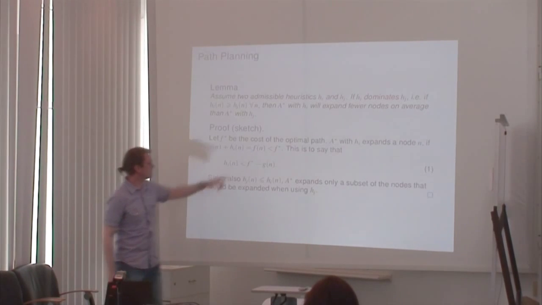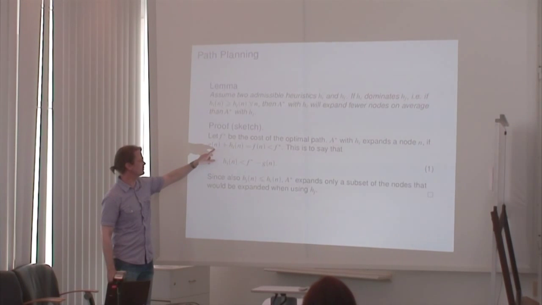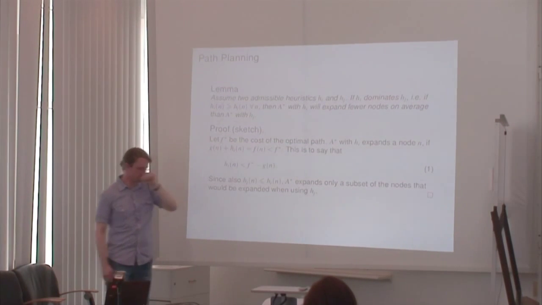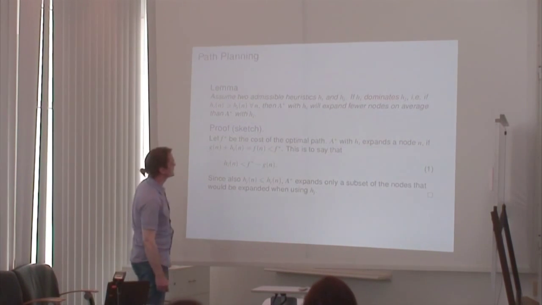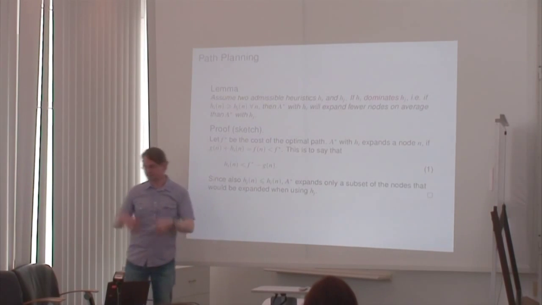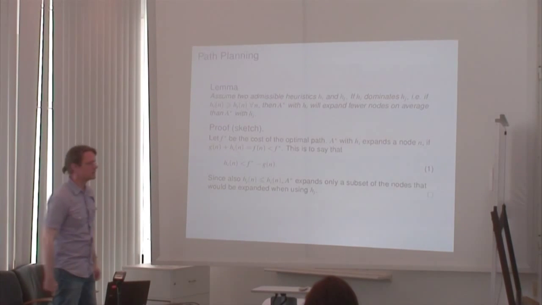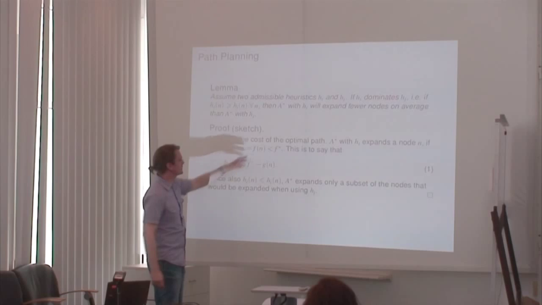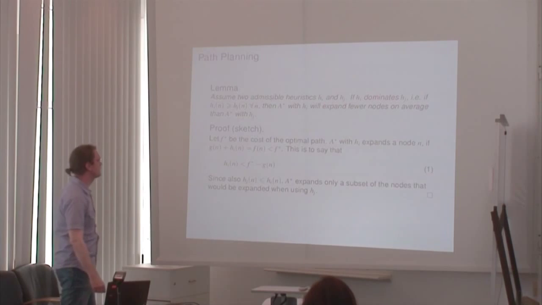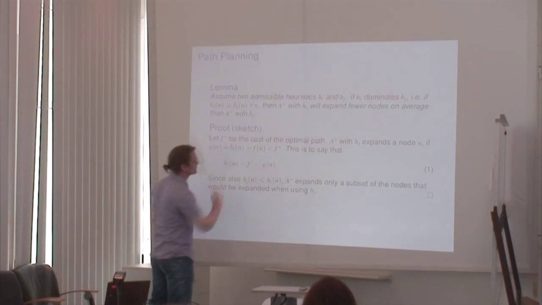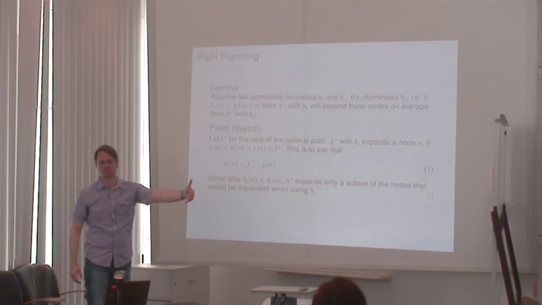where we know that the evaluation function is given as this component g of the node we are considering plus the heuristic, say, Hi of the node we are considering. And if f star denotes the function value for the optimal solution, then we know that for a node on the path to the optimal solution, the value at this node on that path will still be smaller than for our target.